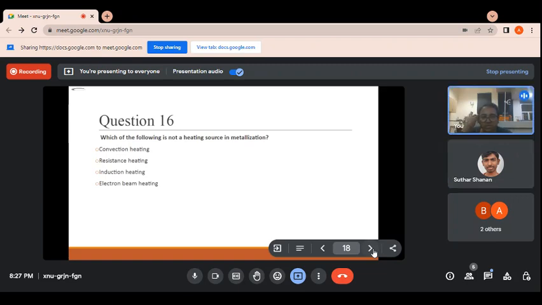Which of the following is not a heating source in metallization? Convection heating, resistance heating, induction heating, or electron beam heating. Convection. Okay. Sindhu?